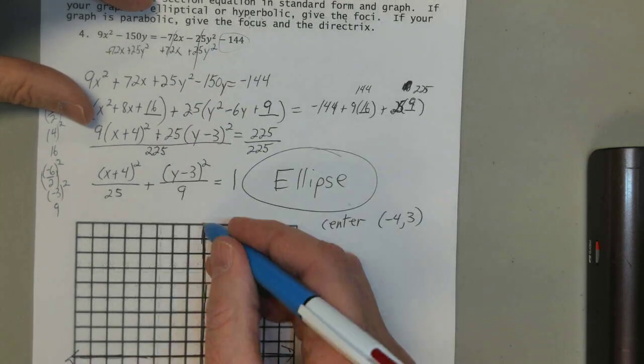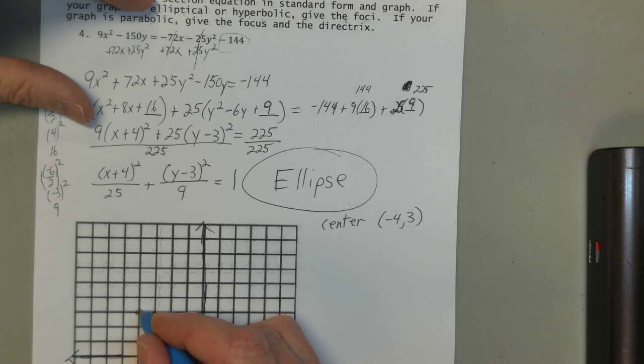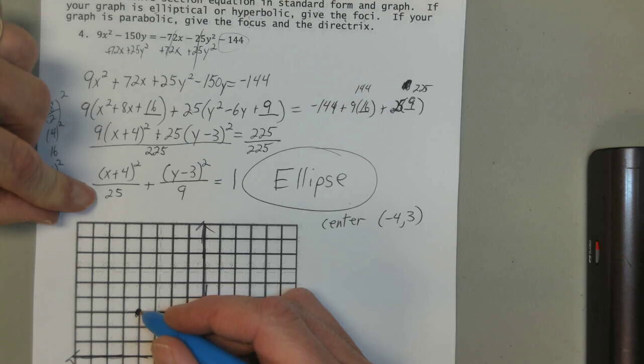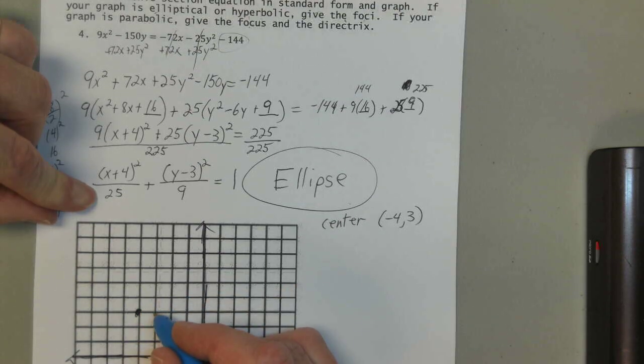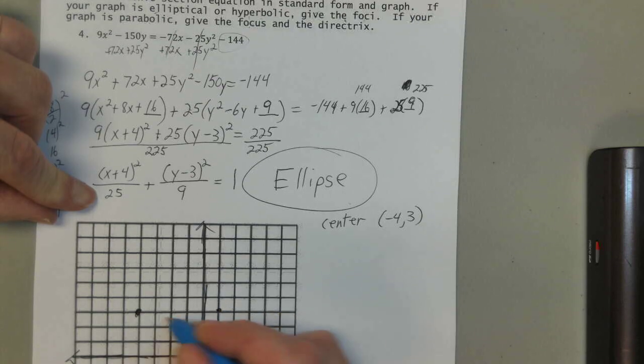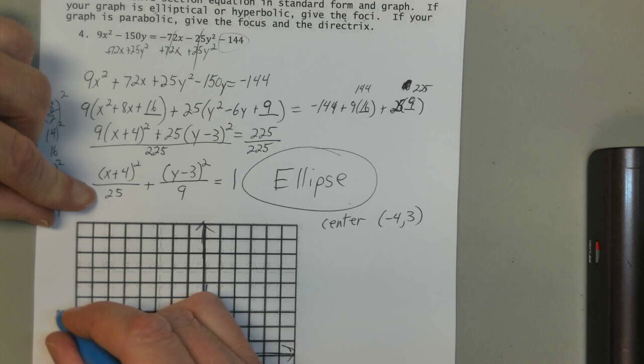Okay. Negative 4, 1, 2, 3, 4, 1, 2, 3. There is the center of our ellipse. I'm going to go 5 units right. 1, 2, 3, 4, 5. There is a vertex. 5 units left. 1, 2, 3, 4, 5.